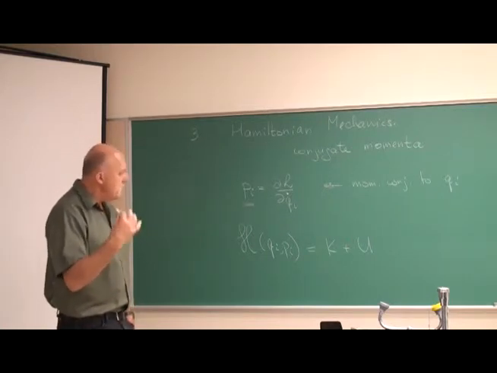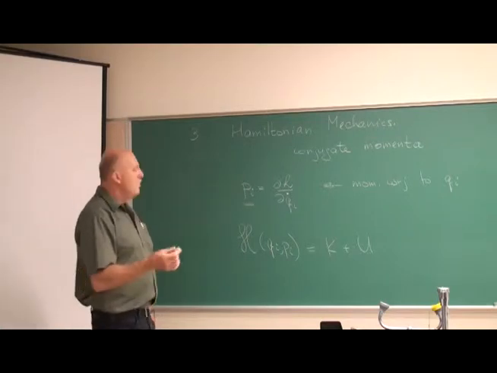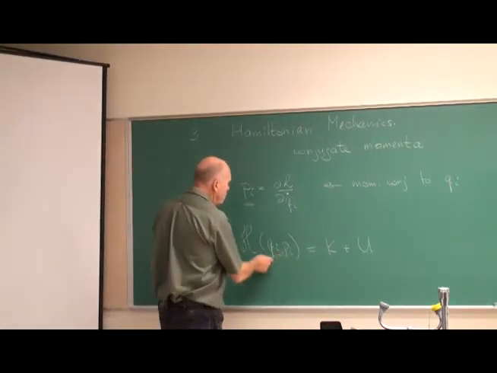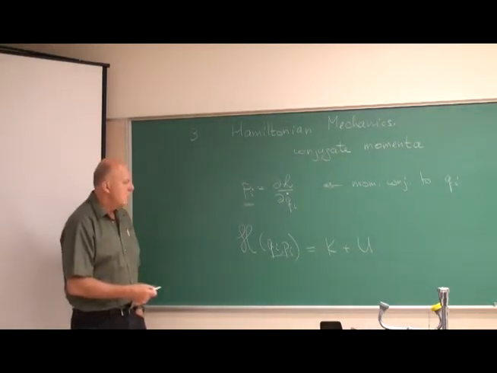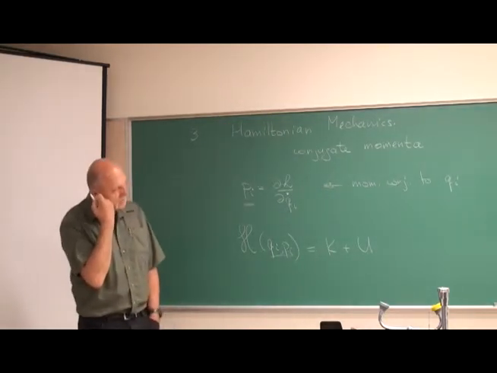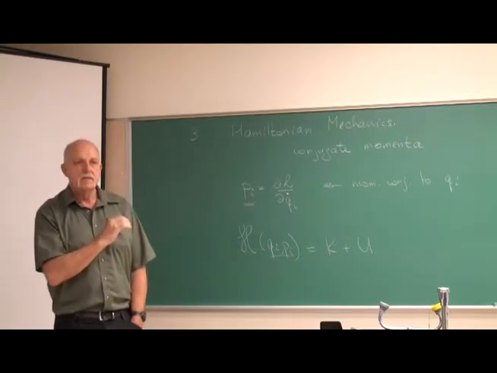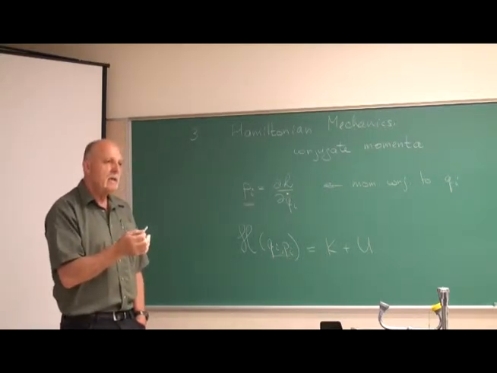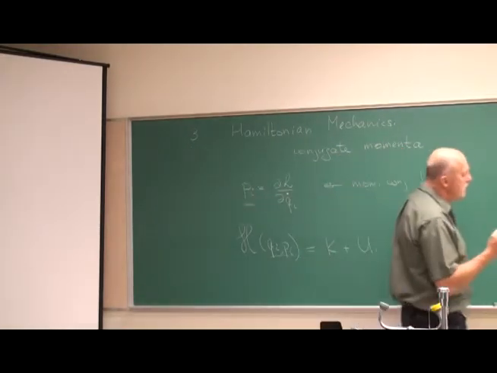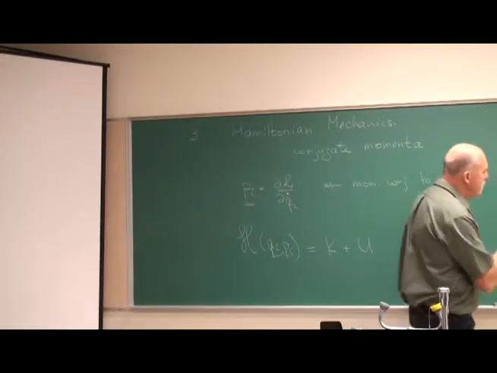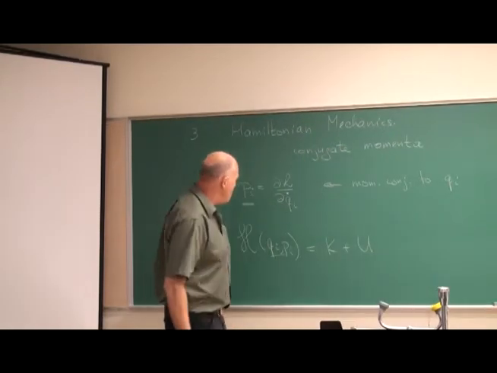And then once you have the kinetic energy, you must express it in terms of Q's and P's, and you can always do it. Okay, so is everybody happy with this? This seems a little abstract maybe, but it will become real soon enough. We'll be using this Hamiltonian formalism for two things.